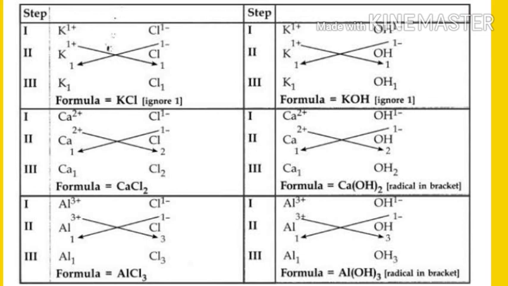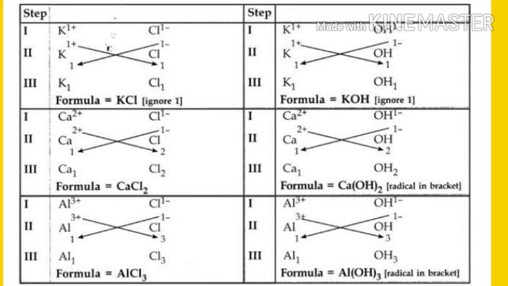On the screen, you can see some methods given to write the molecular formula of potassium chloride, calcium chloride, aluminum chloride, potassium hydroxide, calcium hydroxide, aluminum hydroxide, etc. So now we'll see how we can write the molecular formula of potassium chloride.